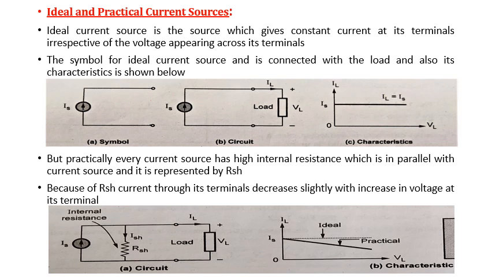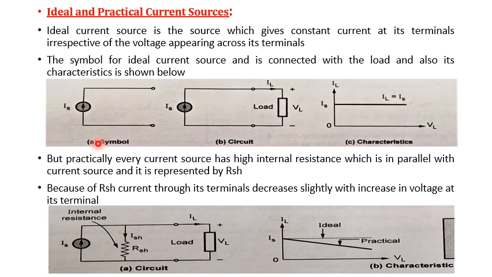Then the ideal and practical current source. An ideal current source is the source which gives a constant current at its terminal irrespective of the voltage appearing across its terminal. So an ideal current source gives a constant current throughout its performance. The symbol and the characteristics of the ideal current source are given here.